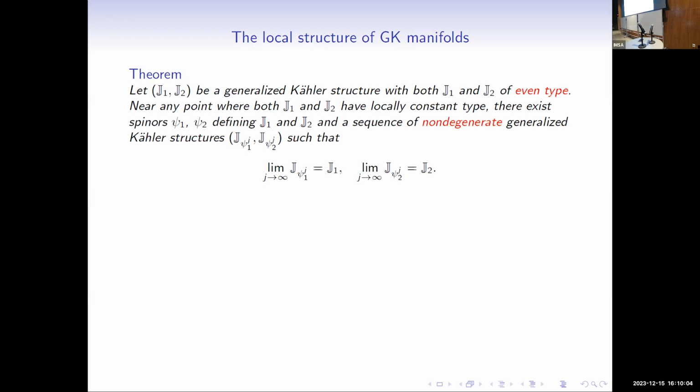This is non-degenerate in the sense that the Poisson tensor is invertible. So you can find this sequence of non-degenerate structures which limit to the starting point.